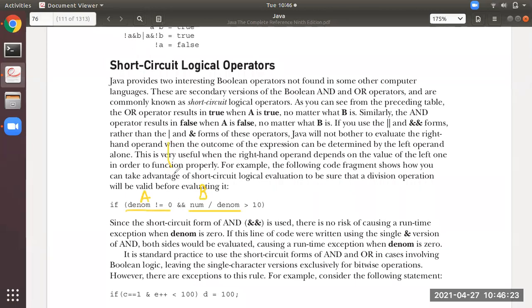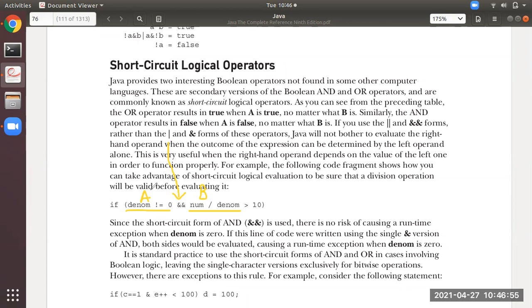Over here, what is this? Double AND. So students, if the expression A, whatever I have underlined, is false, it will not evaluate the expression B. Why? Because for the complete condition to be true, both A and B must be true, then only the output is true.